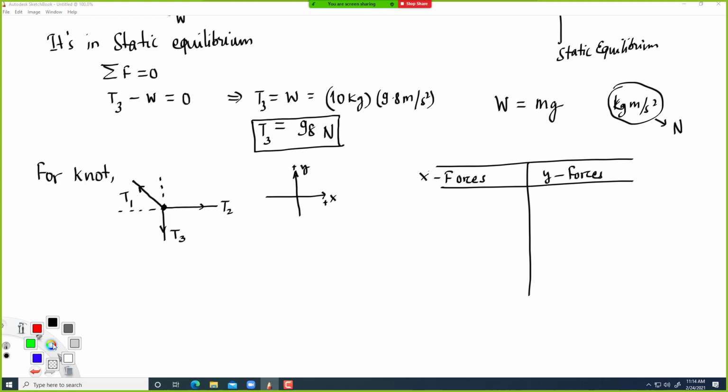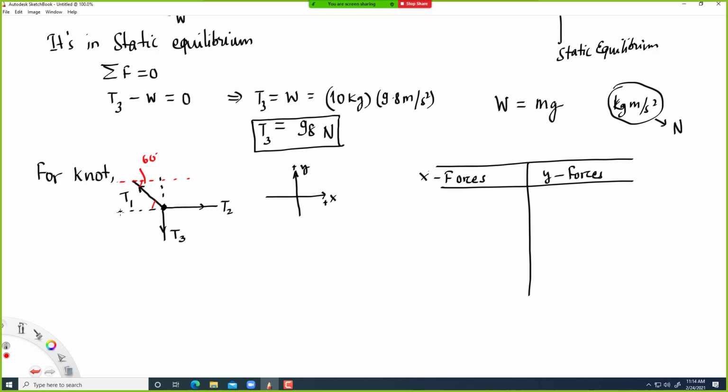So we need to know the angle first. Okay, so we need to know this angle or this angle to know the component. So what is that angle? If you look at the picture, this chord is at 60 degrees to the ceiling. Okay, so this is 60 degrees.